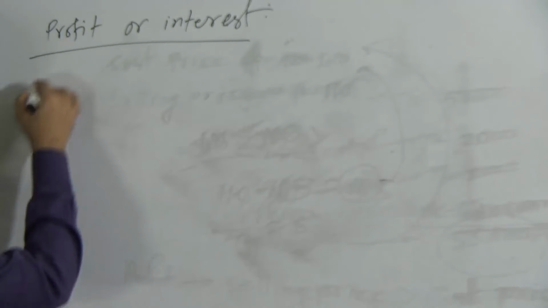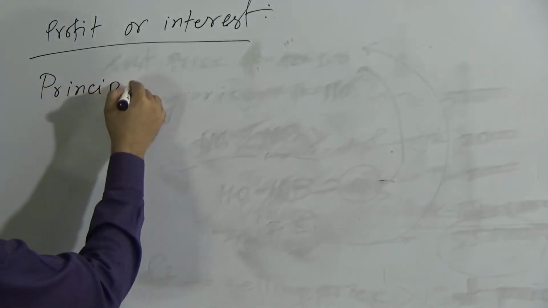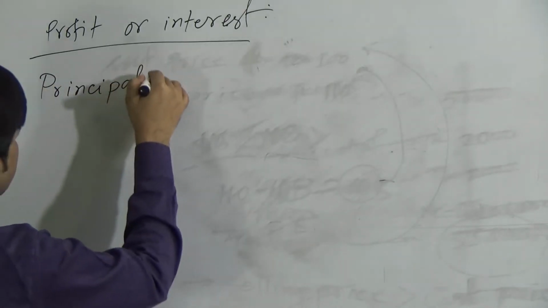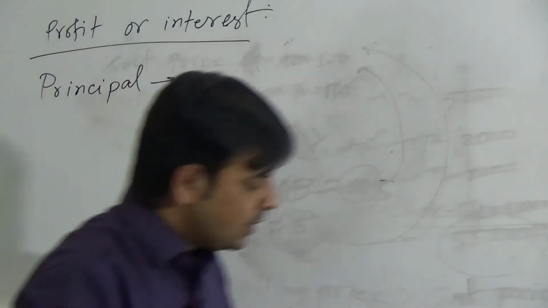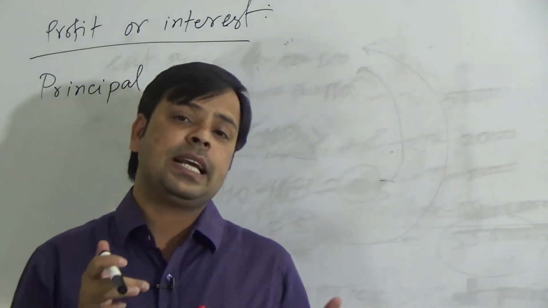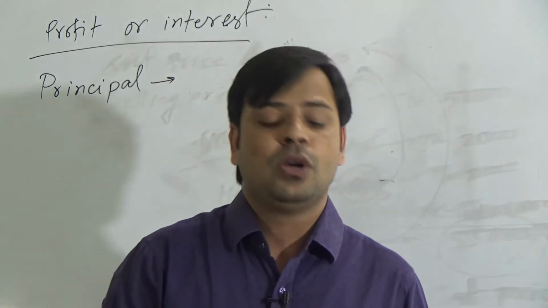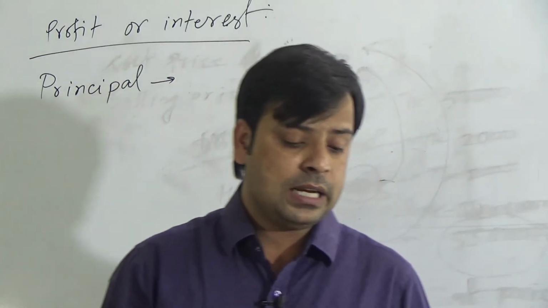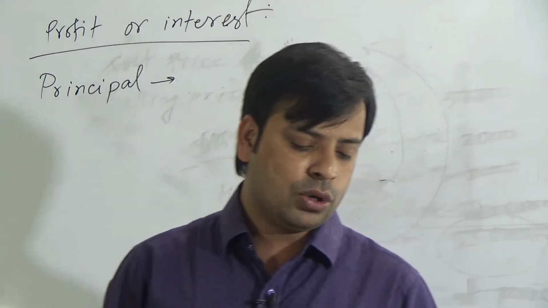So, at first we have to know principal. Our first term is principal. What is principal? The money which is invested, which is deposited in a bank, or which we take as loan.